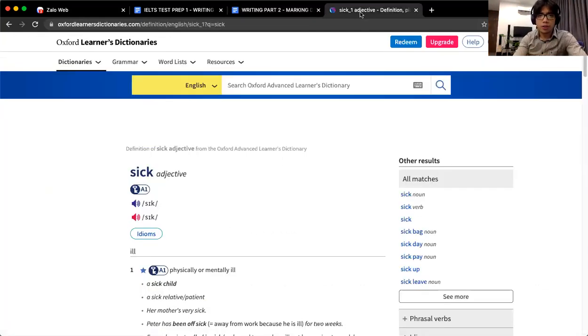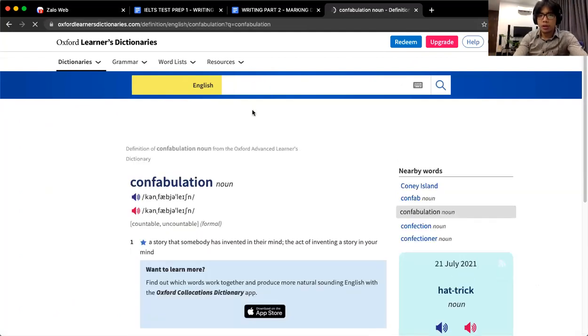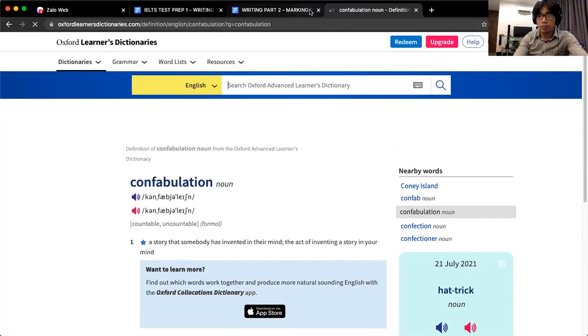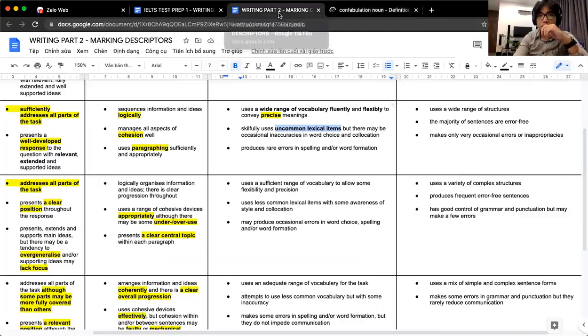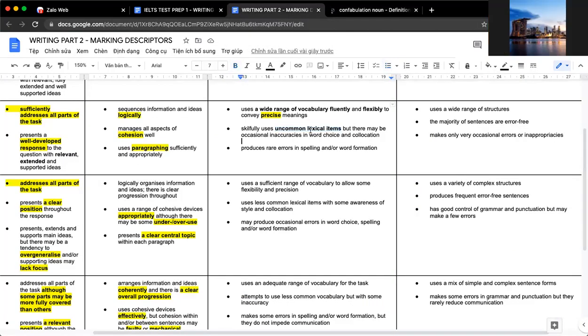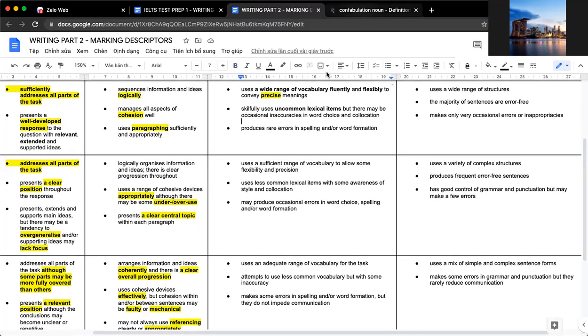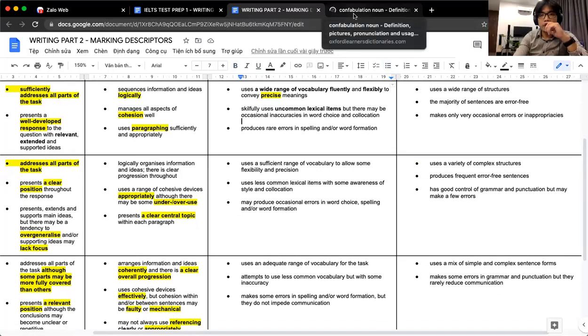Words like confabulations. I don't know why there are people using that word in speaking or in writing. I've never heard someone use confabulation before, honestly. I even wonder what the heck is confabulation. I don't know really.